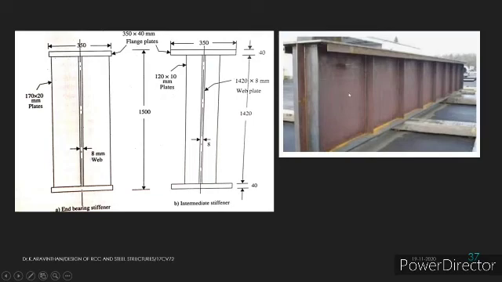So the distance between the stiffener will be 2 meter throughout the section. Okay, in end bearing section, we should have a plate of 170 by 20, which is the thickness should be provided here, and it should be welded, and the remaining stiffeners are 120 into 10 mm plates. So these are all 120 into 10 mm plates, which is provided at both the sides.